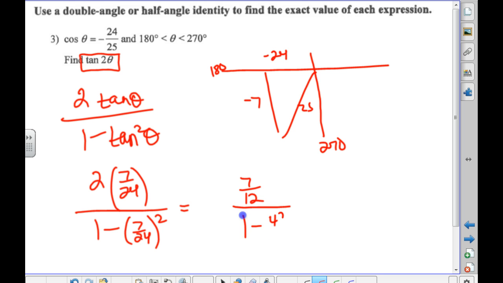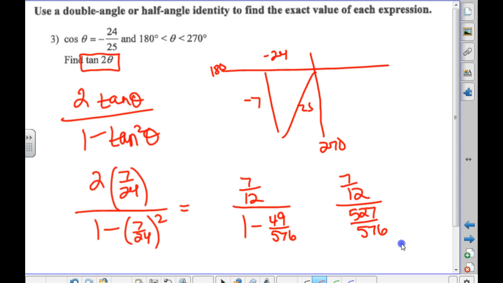This is 1 minus 49 over, anybody know 24 squared? 576. So 576 over 576 minus 49 over 576. It's like 527 or something. 527 over 576.